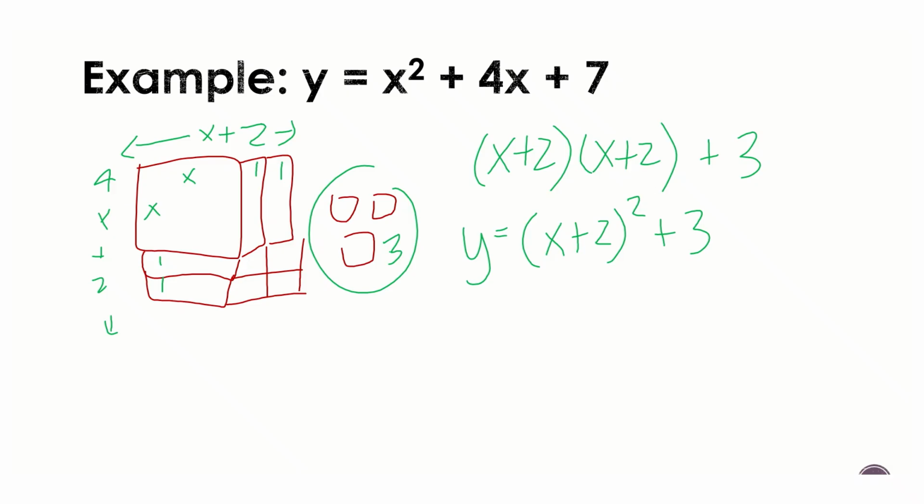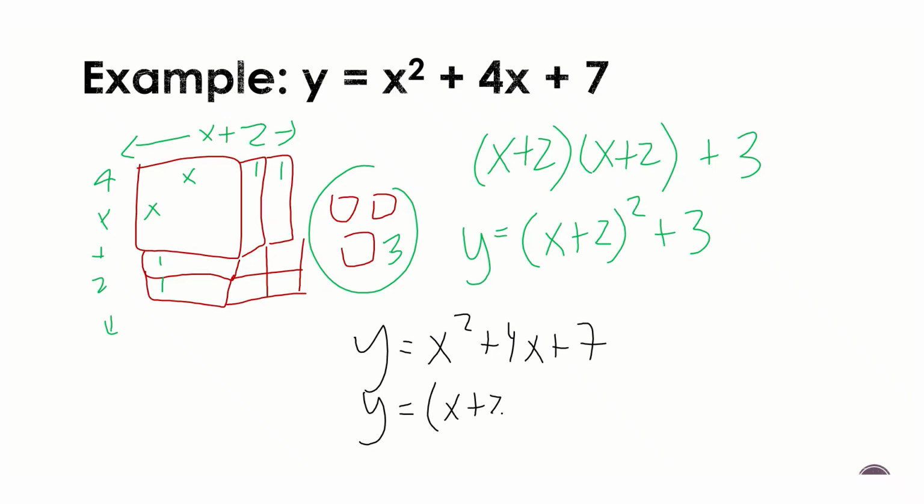So our standard form was y equals x squared plus 4x plus 7. And the vertex form of the same thing is that. Yay! All right, now let's just say hypothetically, you're not sure that you agree that that is the same thing.